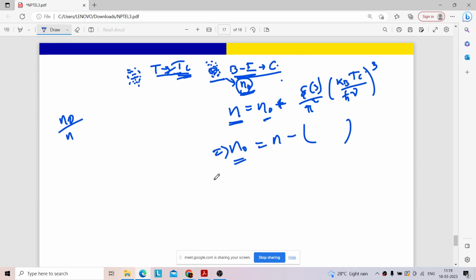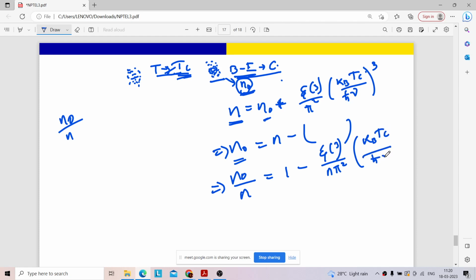So now n0 over n will be, if I take n common, 1 minus this term divided by n. So zeta of 3 by n pi square, (kb Tc over h cross mu) to the power 3.